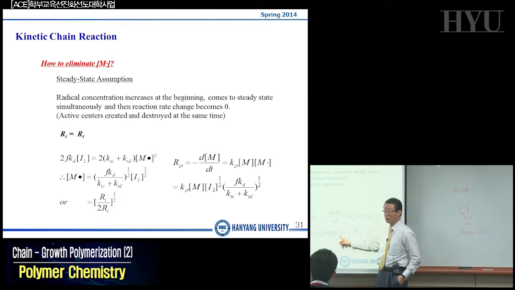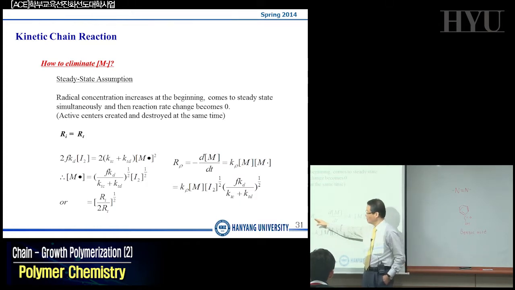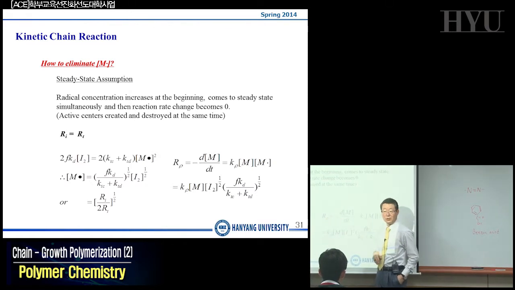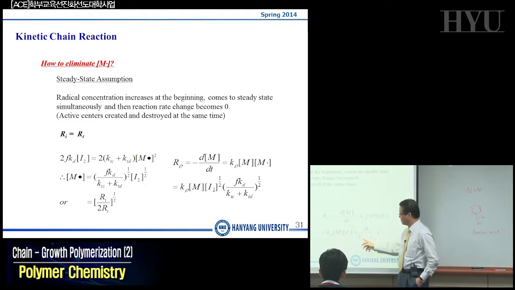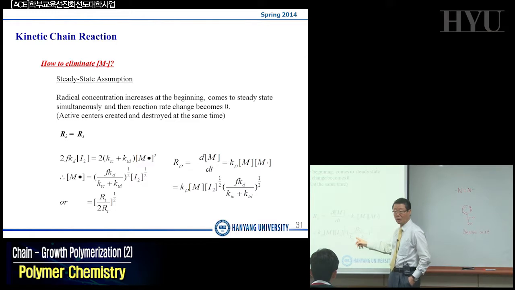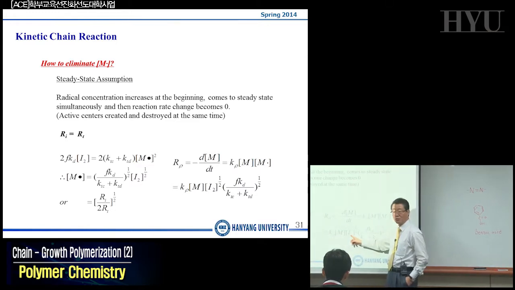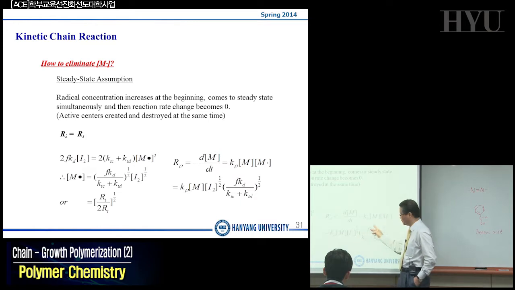The initiator concentration to the half power, or the root, will determine linearly the rate of polymerization reactions, assuming that you have a constant which is the slope. So if I plot Rp versus the initiator concentration and I have a linear slope, the slope will be Kp and others, right?